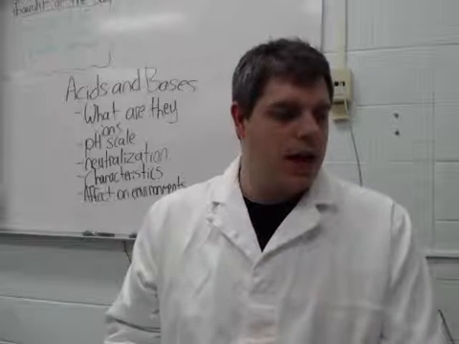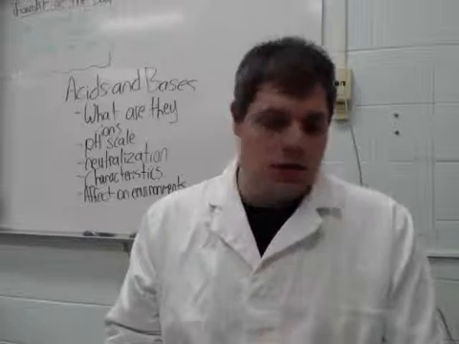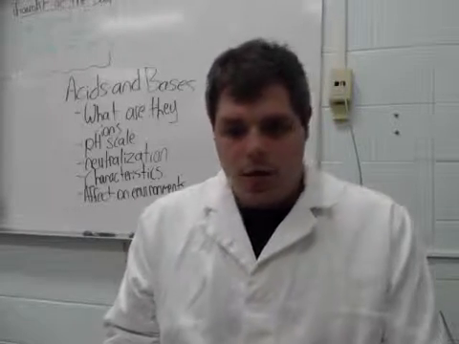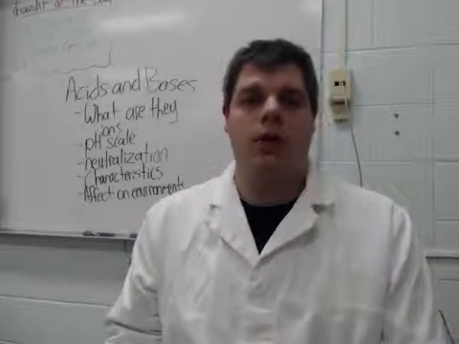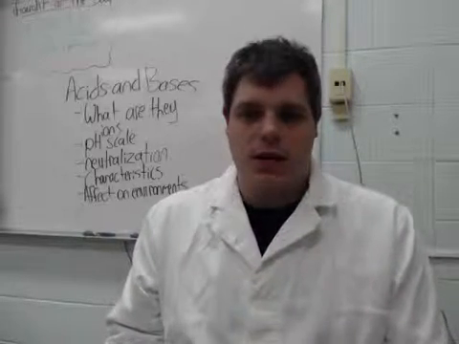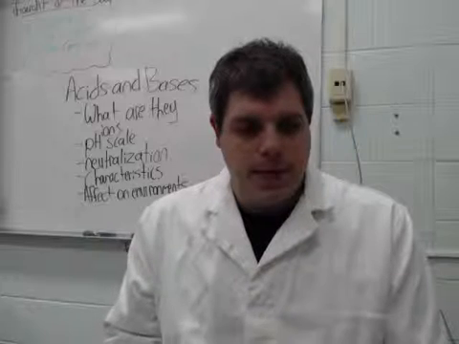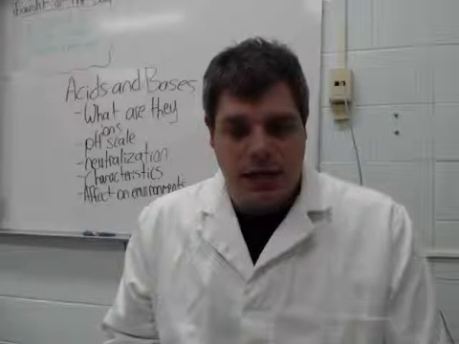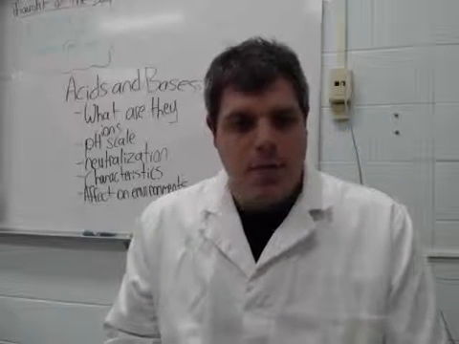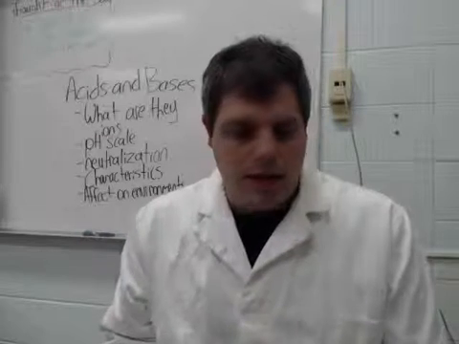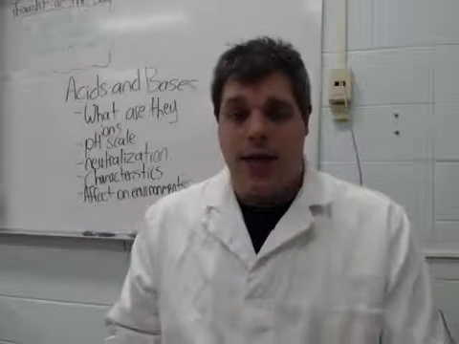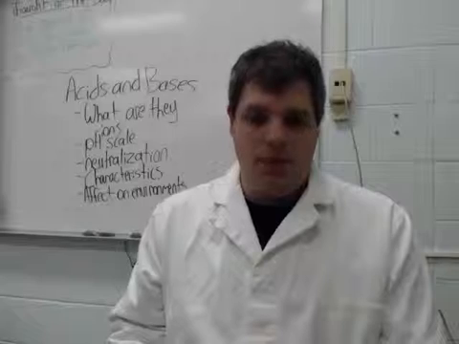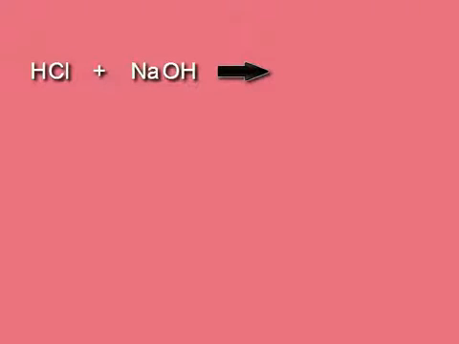If I took a strong acid, say it was at a pH of 2, and I combined it with an equally powerful strong base, like sodium hydroxide, which has a pH of around 13, and I were to mix them, look at the chemicals that can come out.